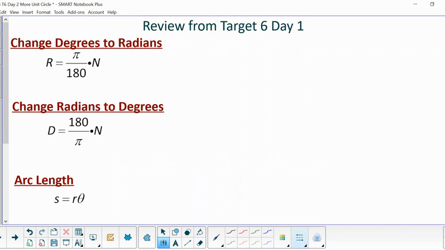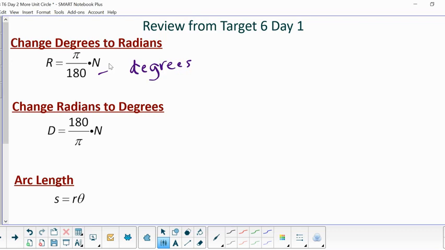When we talk about changing from degrees to radians, the N in this case stands for the degrees of the angle you're talking about. So you're trying to get rid of the degrees, which means you need to add a pi into the problem.